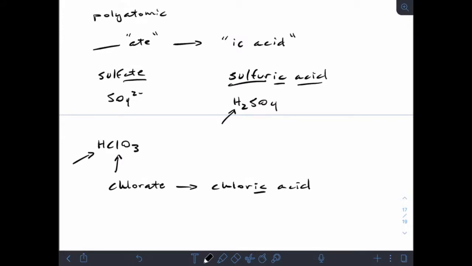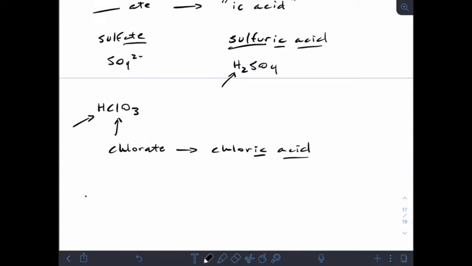There's my ic acid for an ATE. Now, if we have something that is an ITE, ITEs become ous acid.